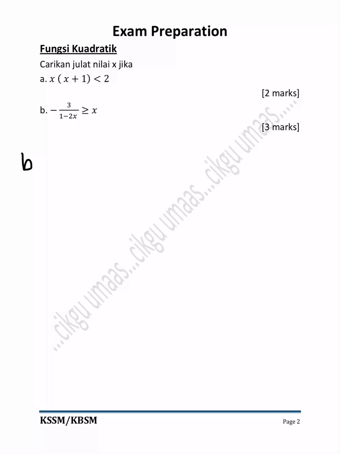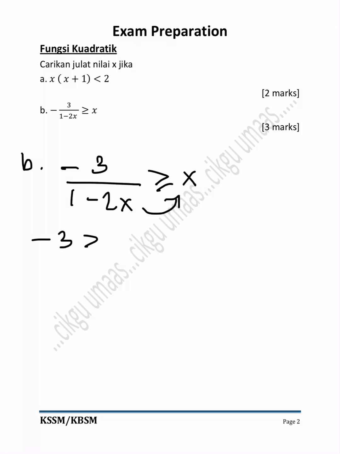The same solution method is applied for B. Negative 3, 1 minus 2x more than or equal to x. First step, I bring it up. So when I bring this up, this is going to be x, bracket, 1 minus 2x. Open the bracket, you're going to get x minus 2x squared minus 3.